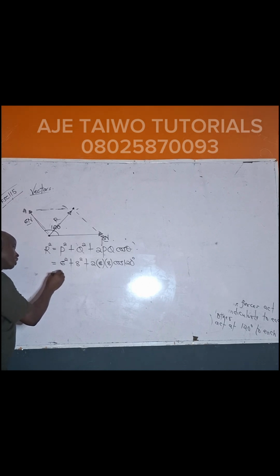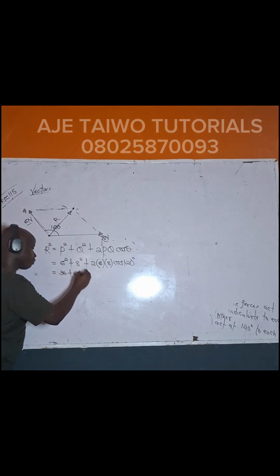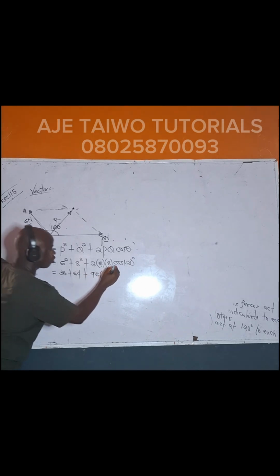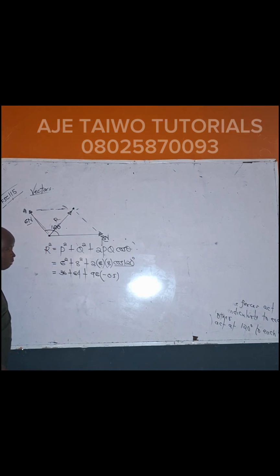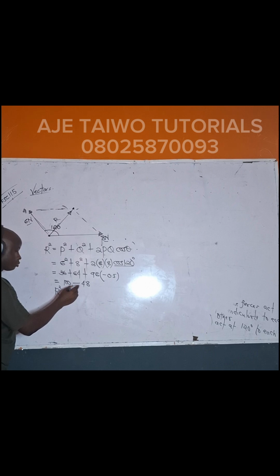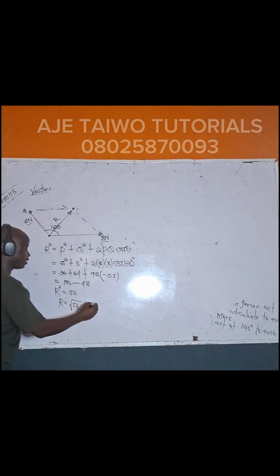So punch this: 36 plus 64 plus 2 times 6 times 8, that's 96. But cos 120 is minus 0.5. This is now 100 minus 48. So R squared is now 52. So R is the square root of 52. Answer 7.21.